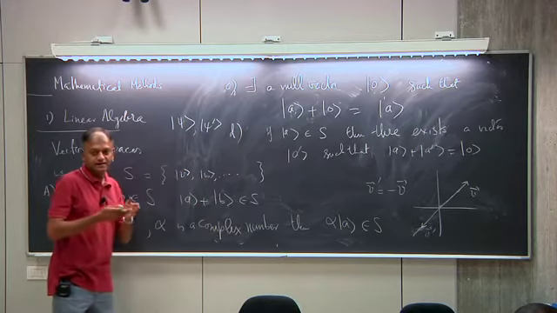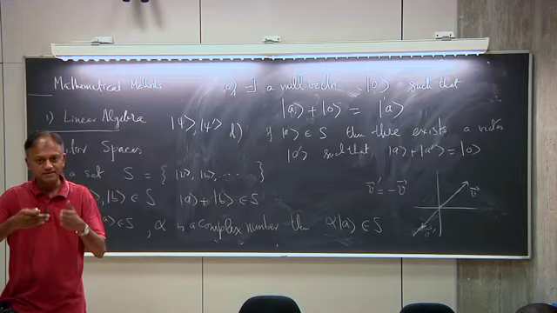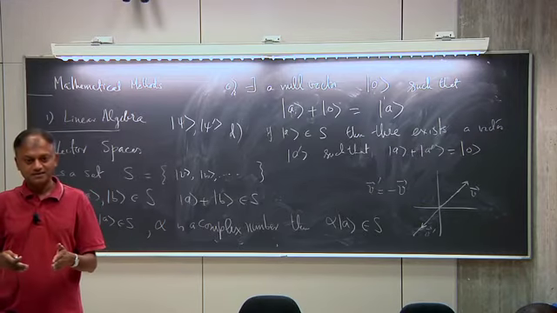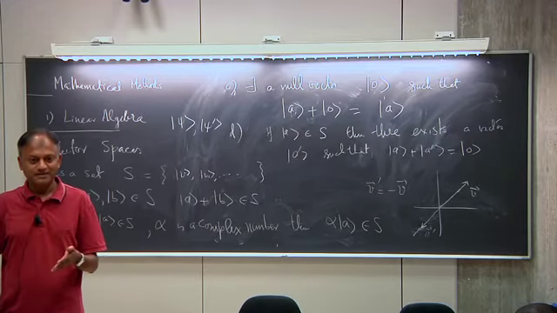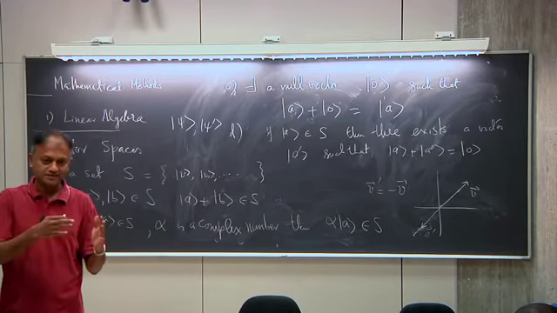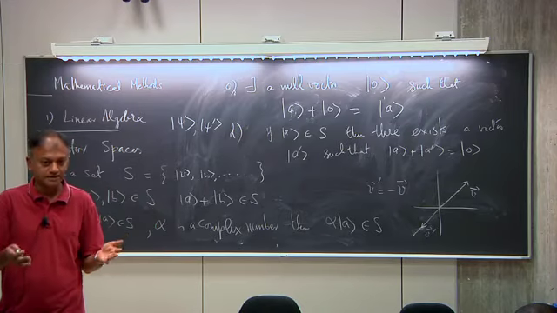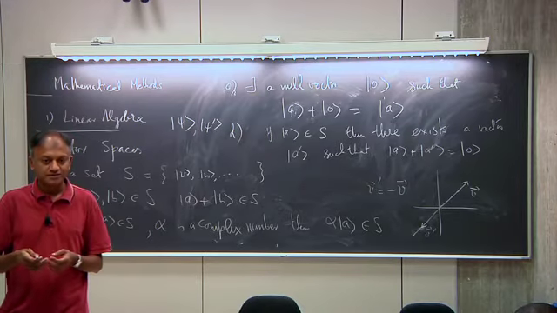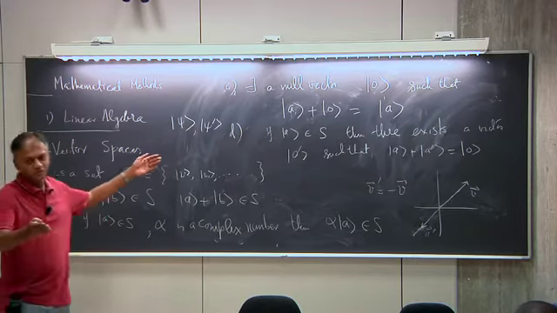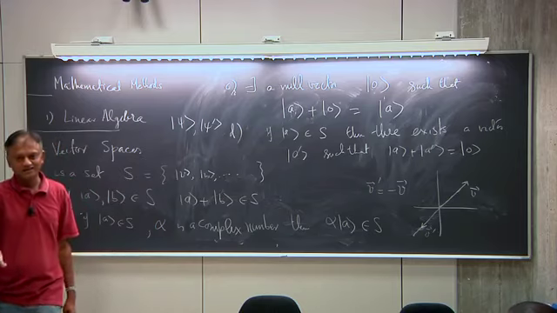In fact, in quantum mechanics, the set of states is a vector space on which various operators will act, like the Hamiltonian operator or various other operators. You'll be studying quantum mechanics in the very next lecture in the afternoon.